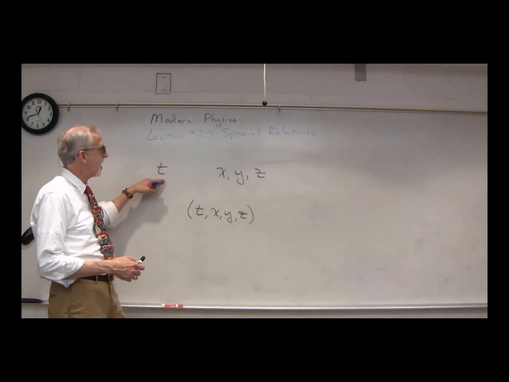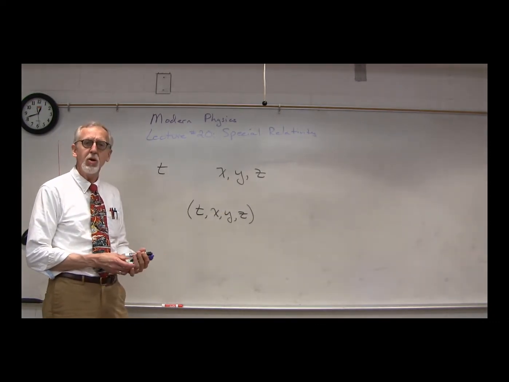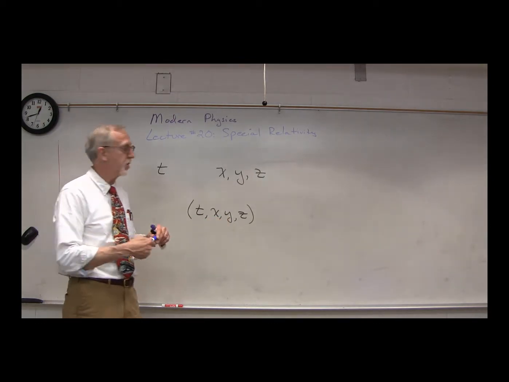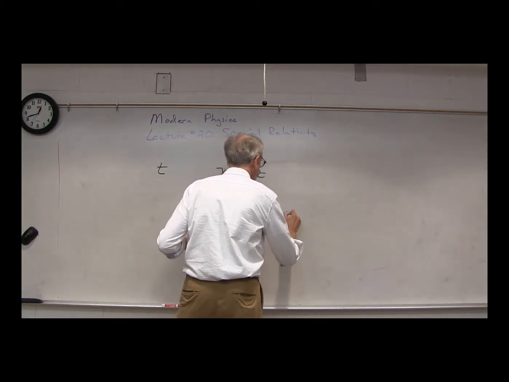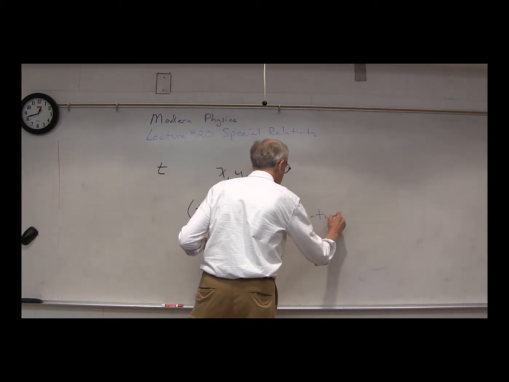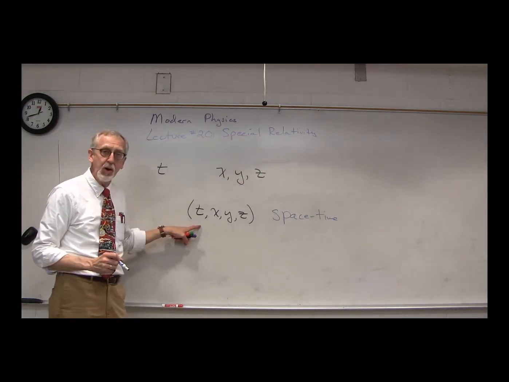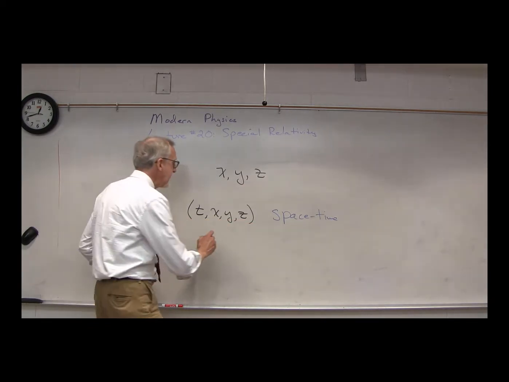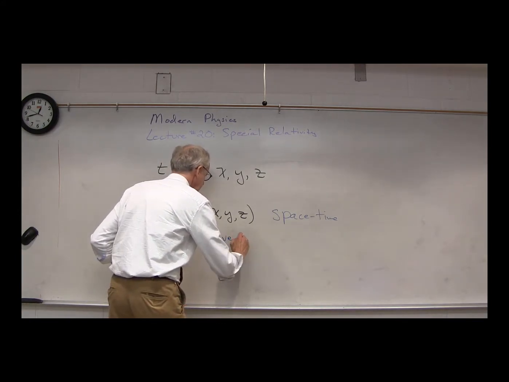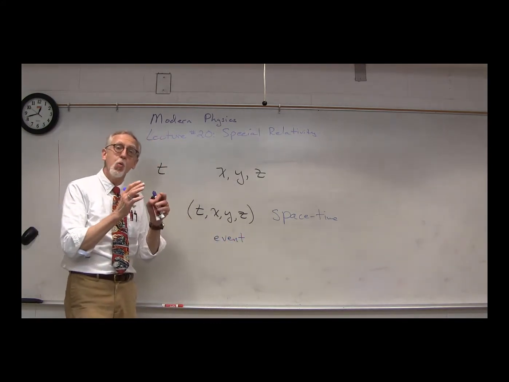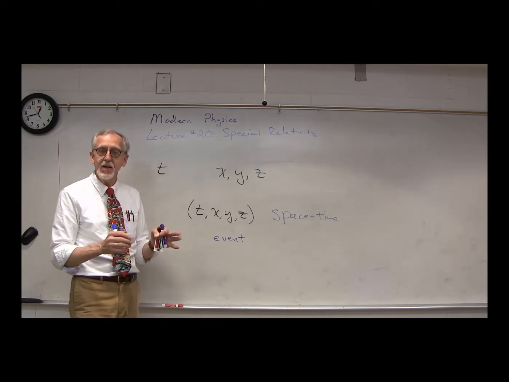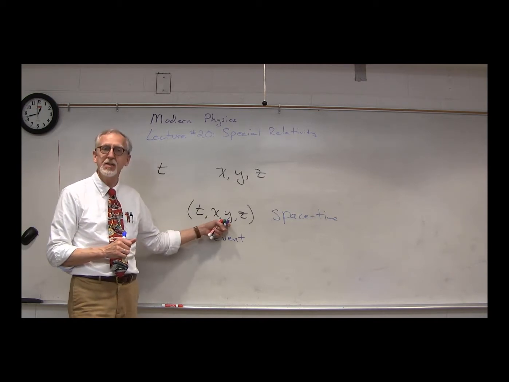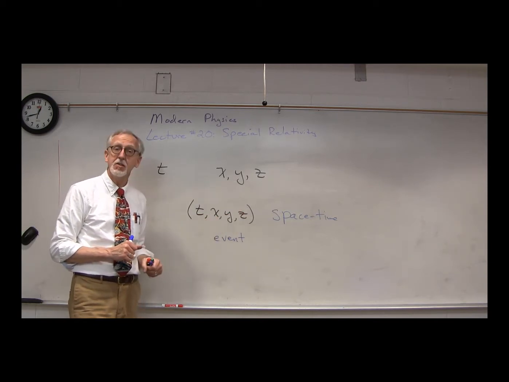So rather than having time and space separate, we're going to put them together and form a four-dimensional structure called space-time. And then a point in space-time, described by t, x, y, z, we'll call an event. So when we're describing where something is and when it occurred, we'll call that an event. An event is really just a four-dimensional point in space-time.